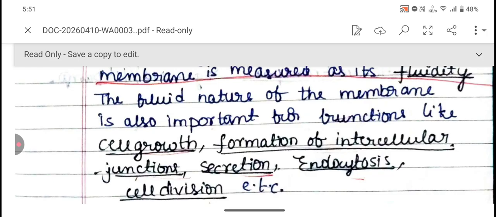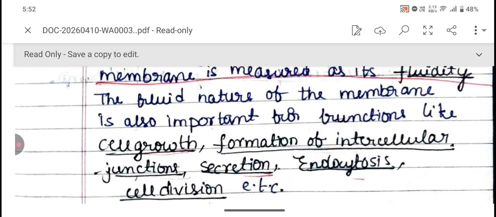The proteins present inside the plasma membrane serve the purpose of transportation, and the membrane can also form intercellular connections by forming intercellular junctions.